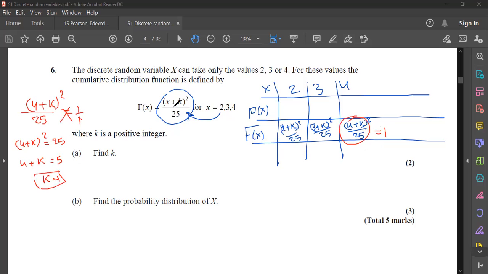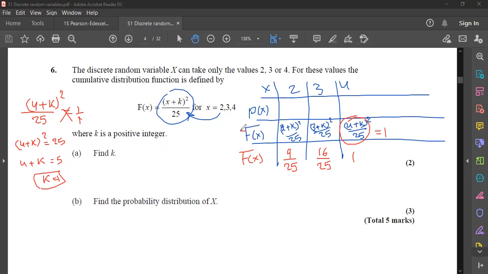So k equals 1 means that Fx, I write it down over here. 2 plus 1, 3 squared, 9 over 25, the first cumulative. 3 plus 1, 4 squared, 16 over 25. I'll not do simplifying, that's a 1, which is 25 over 25.